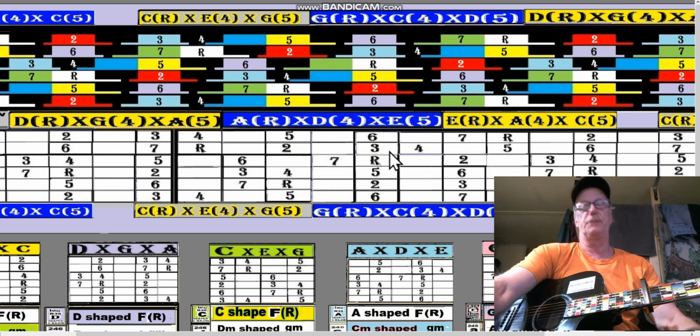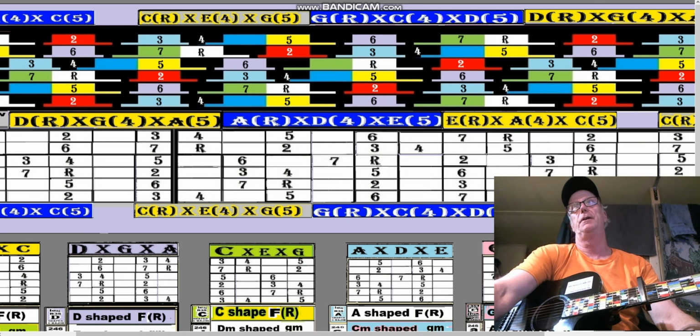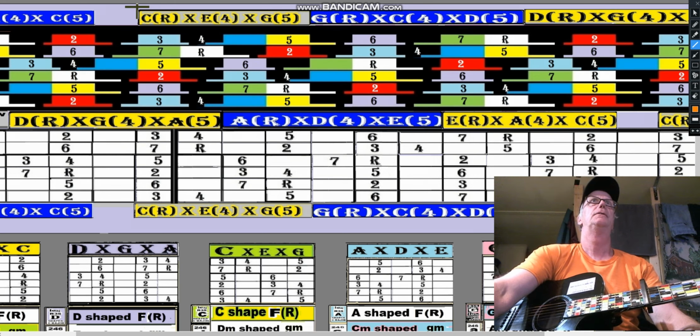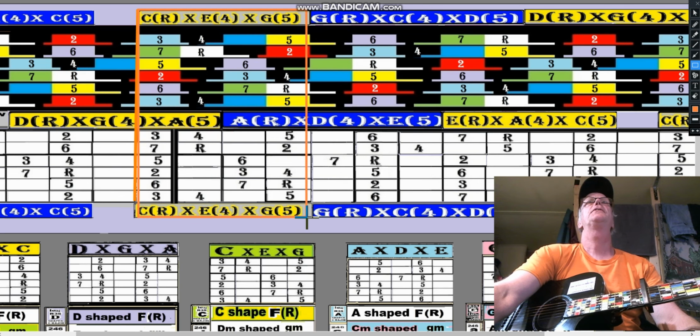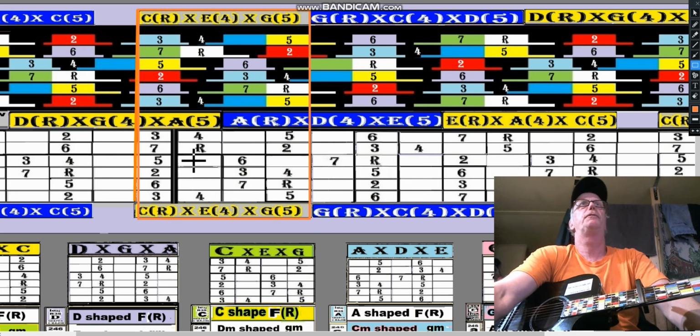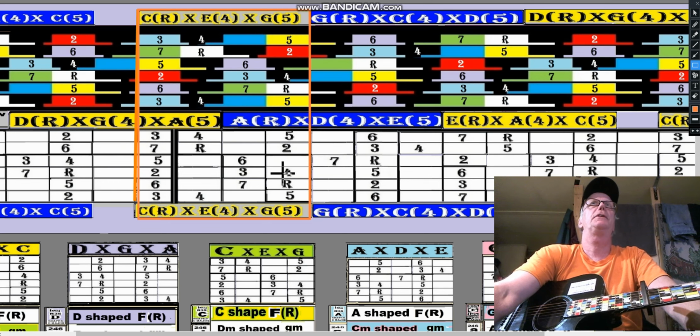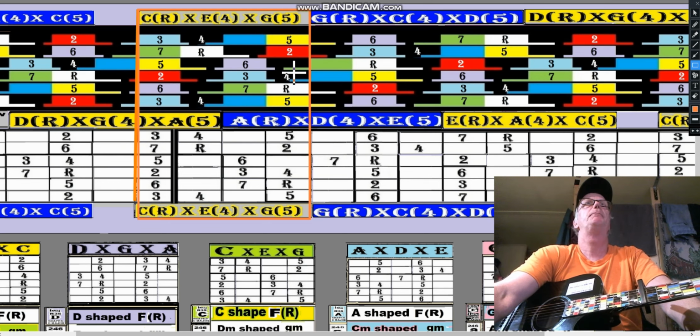Here's the C box that we're looking at here. Okay, let's do box. A line is a box, sort of. So here's the C box on both fretboards. They're lined up as good as I could get them.